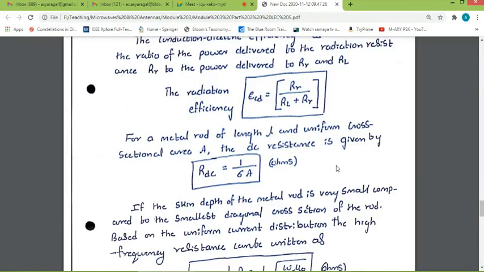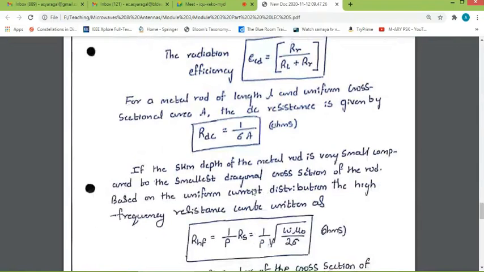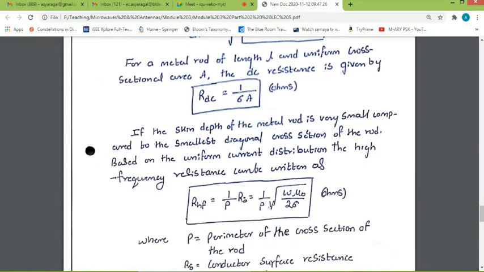That resistance is R DC equal to L divided by conductivity times A. If the skin depth of the metal rod is very small, comparable to the smallest diagonal cross section of the rod, and we have a uniform current distribution, then the high frequency resistance is written as L divided by P into RS, where RS is the conductor surface resistance.